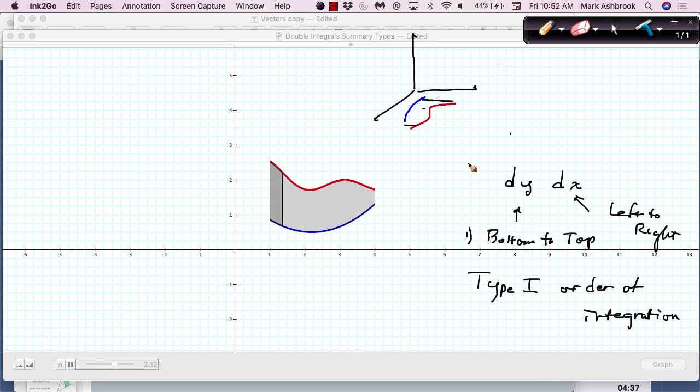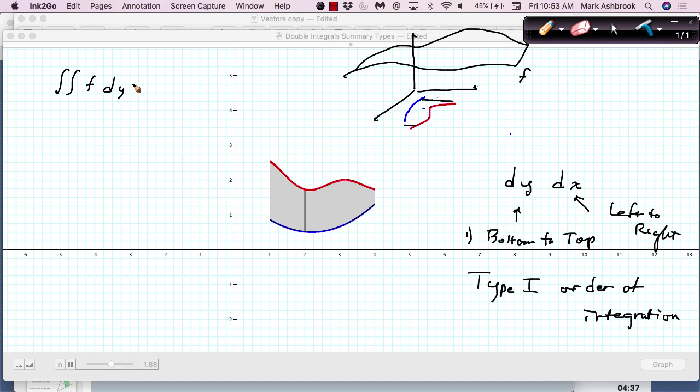And so if you have some multivariable function, say f, we're talking about double integrals, then the double integral of f dy dx, right?